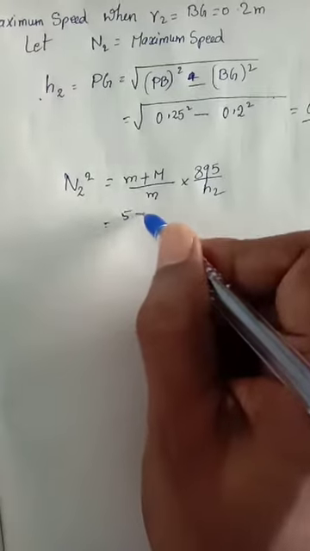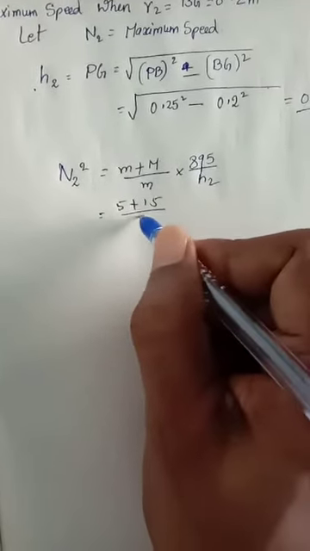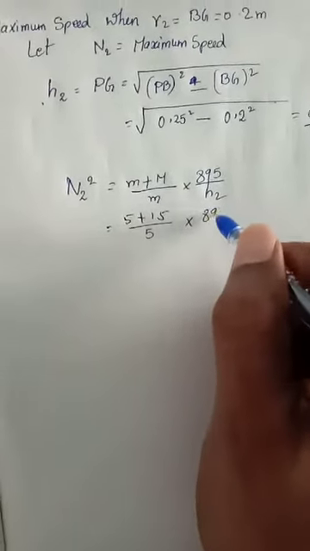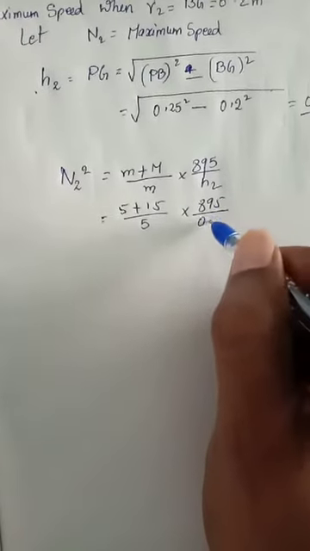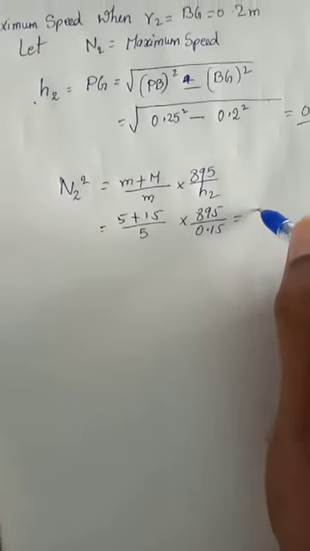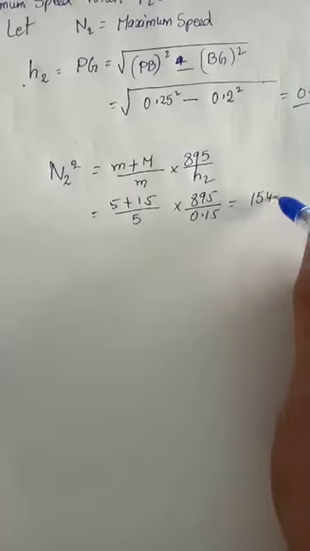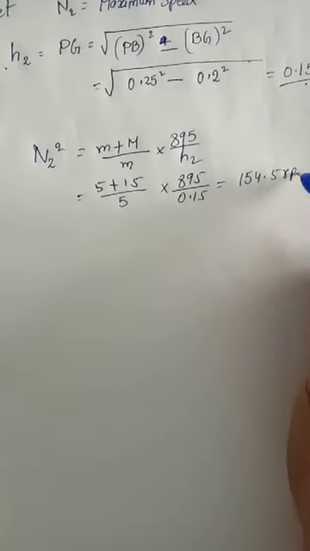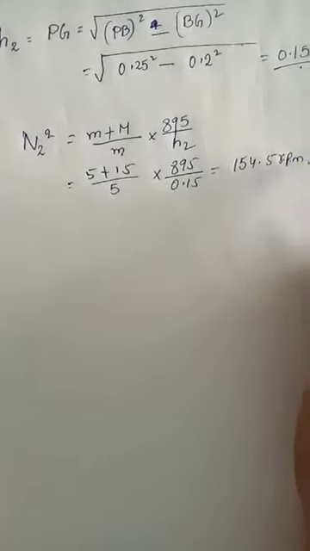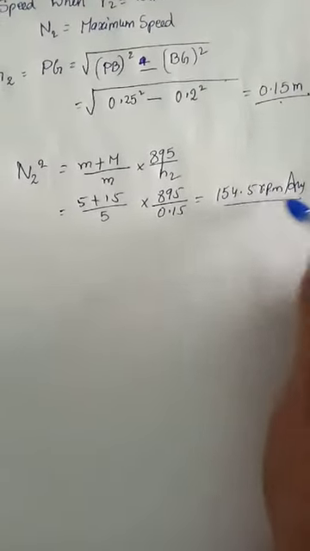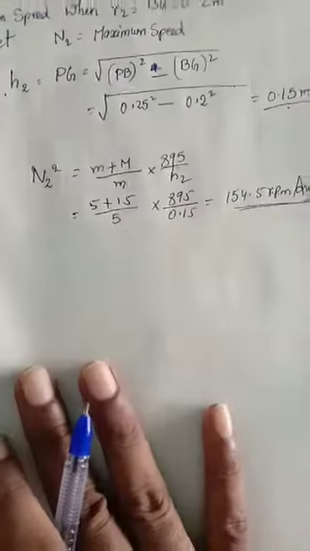So here we substitute all values: 895 divided by 0.15, that's approximately, we calculate this, we will get the rpm. Okay, so this is the procedure to solve the problem.